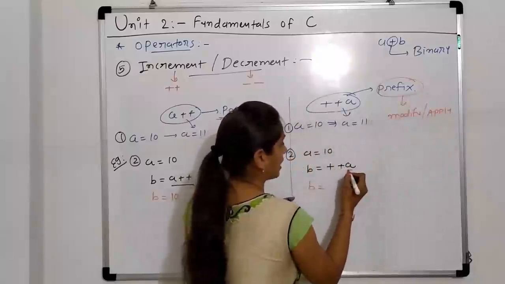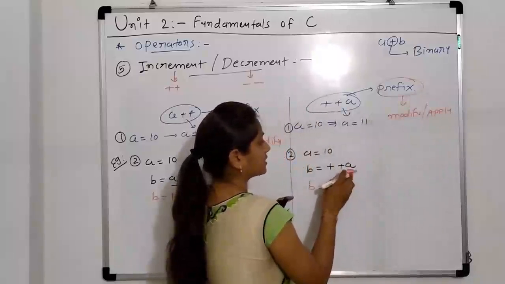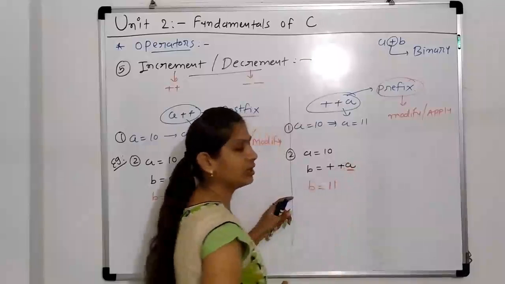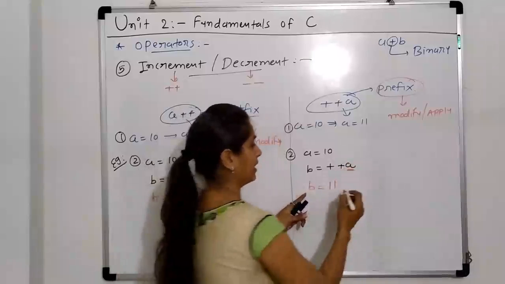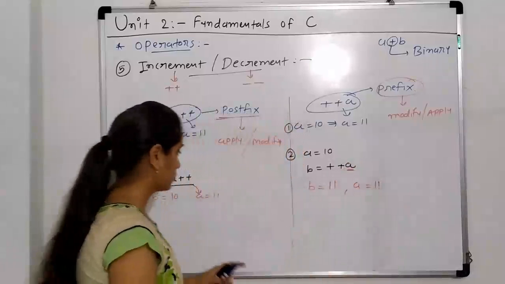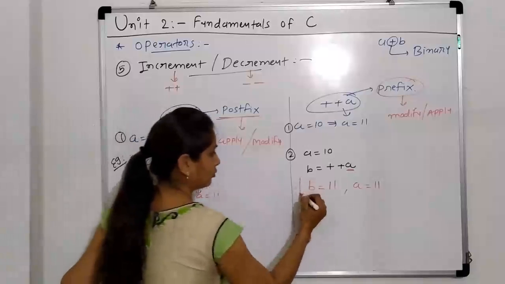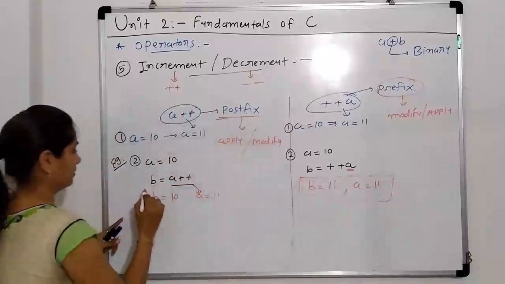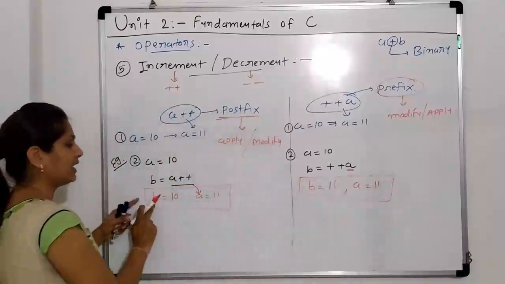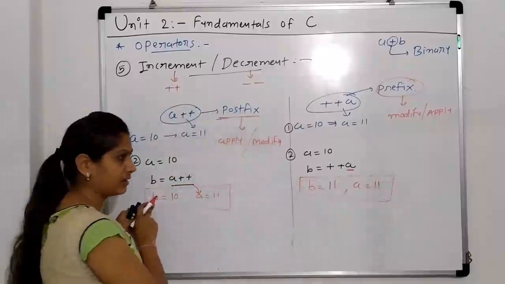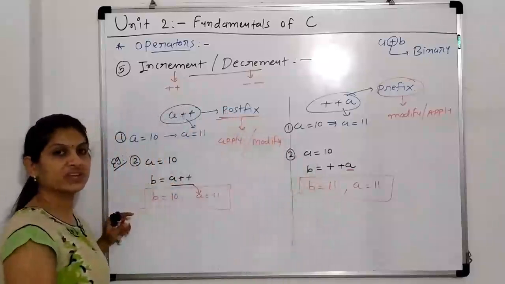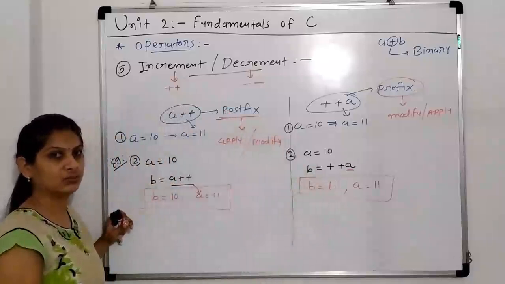So modify the value of A, that is plus plus A. So A becomes 11 and that value is assigned to B, and A is again 11. Clear? So here you can see the output. The change is in B. Here B is 10 and here B is 11 because of the postfix and prefix calculations.